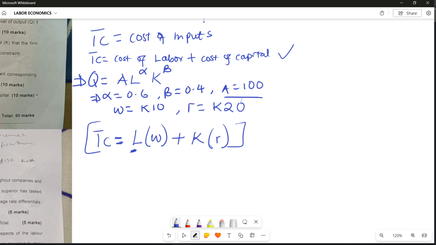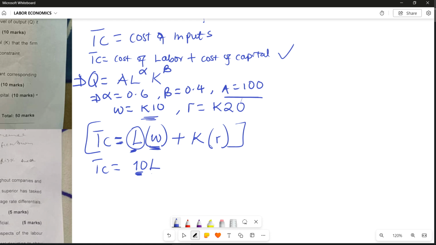Right? So now let's put it together. So our total cost will be equal to, we don't know the number of units of labor that we want, but we know the wage rate. The wage rate is 10. So this is the same thing as saying 10 multiplied by L, where 10 is the amount of money that each labor unit is expected to be receiving, yeah, times L, where L is the actual number of labor units that we want to be hiring.